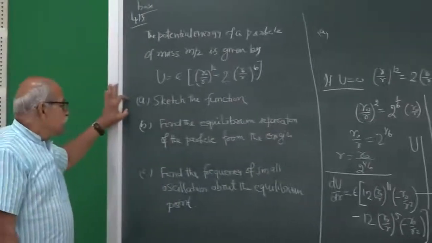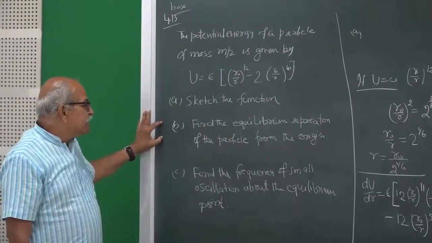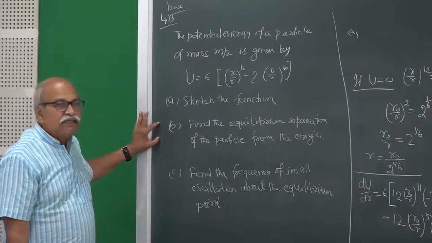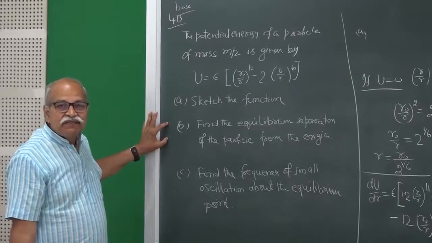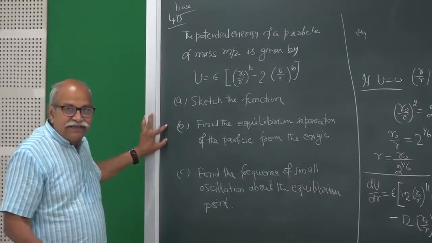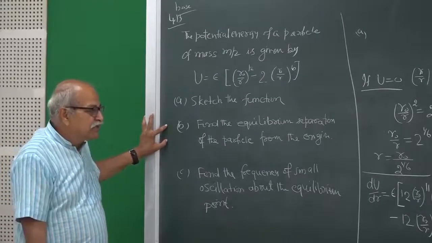So, that is A part. B part, find the equilibrium separation of the particle from the origin. So, equilibrium positions mean the force is 0, it stays there, that is the equilibrium position.